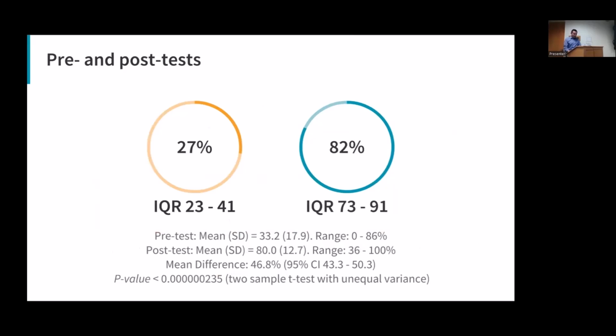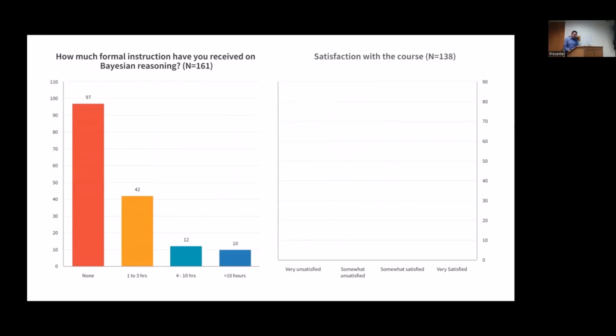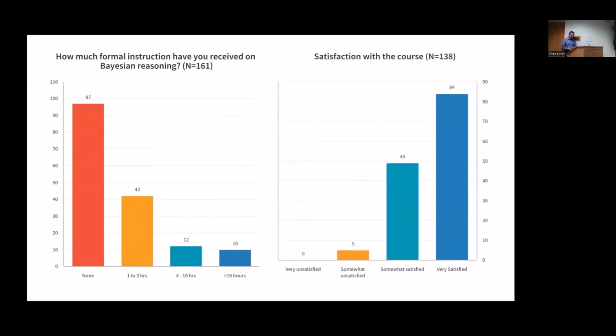Here are some stats: median resident pre-test, 27% of the questions were answered correctly. Post-test, 82% of the questions were answered correctly. Similar results here in terms of their impressions about the course.